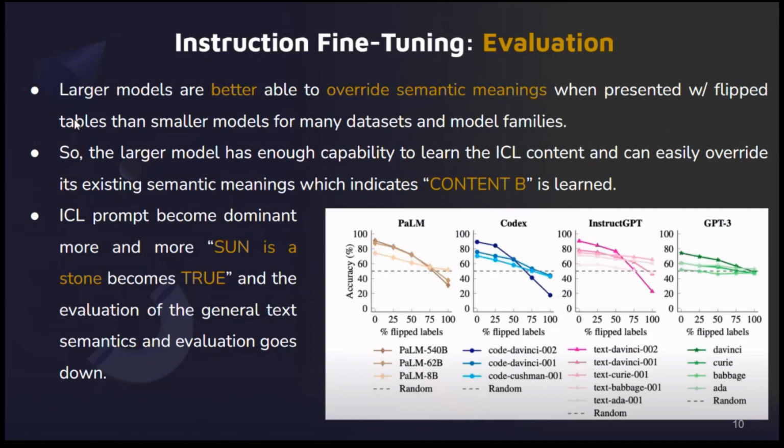We discussed already in instruction fine-tuning and the type of it, with evaluation details, in our previous slide. Also, you can see the flipped labels against PaLM models, Codex, Instruct GPT, and GPT-3 with their regards to large language models based on 540 billion, as you can see through the diagram of PaLM that is based on 540 billion, 62 billion as well as 8 billion models.